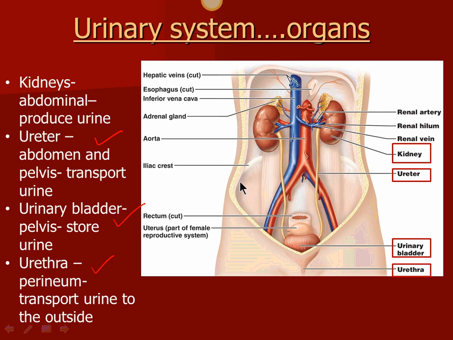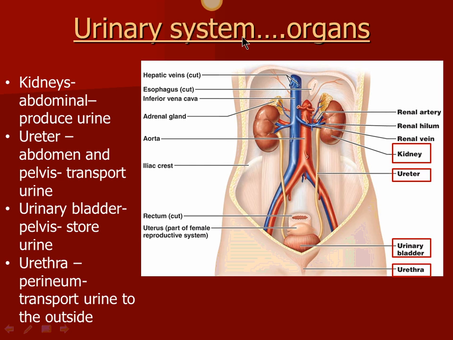So this is the urinary bladder, which stores urine and then helps to expel it to the outside. It's extremely muscular. And the urethra is the last structure, present in an area known as the perineum. This helps to transport the urine to the outside. So when the bladder contracts and expels the urine, it goes into the urethra and passes out. So here you can see all these organs.